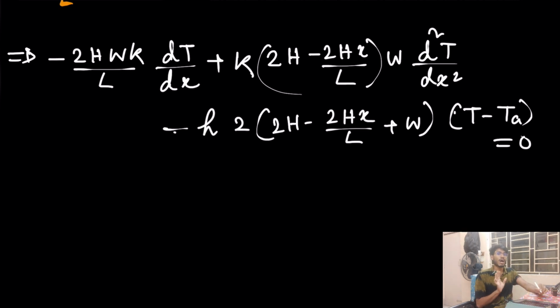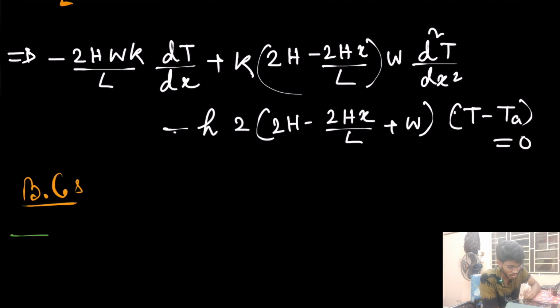So first of all, how many boundary conditions do you need? You have a second derivative for temperature, and temperature is the only variable here. So if you have a second derivative of temperature, that means you need two boundary conditions. So let me write the boundary conditions here.